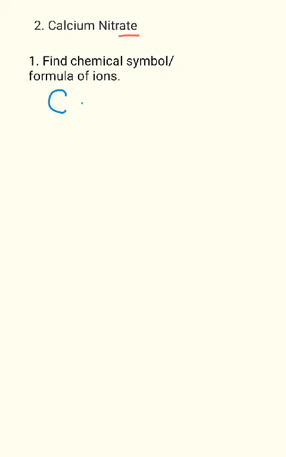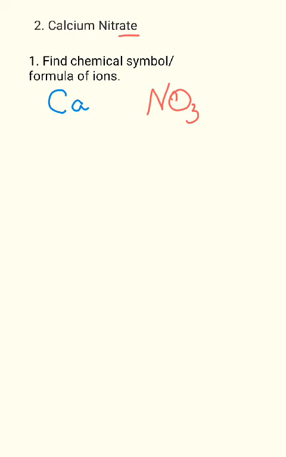Okay, now what's the first step? The first step is to find the chemical symbol or formula of the ions. Based on this, we already know that calcium, if you don't know, you have a periodic table, has a chemical symbol of Ca. Nitrate is a polyatomic ion, and that has the chemical formula NO3.